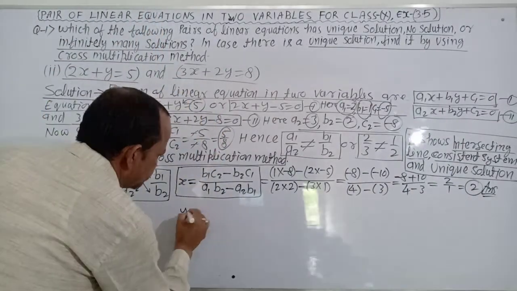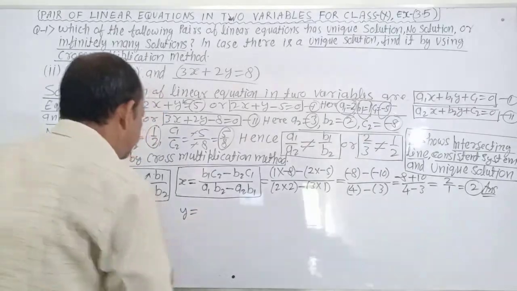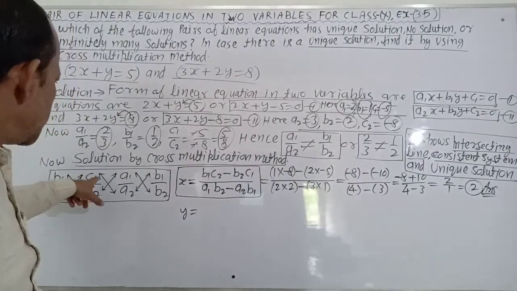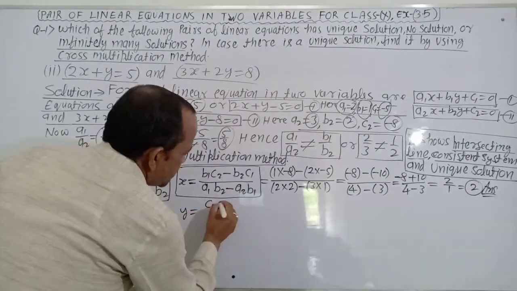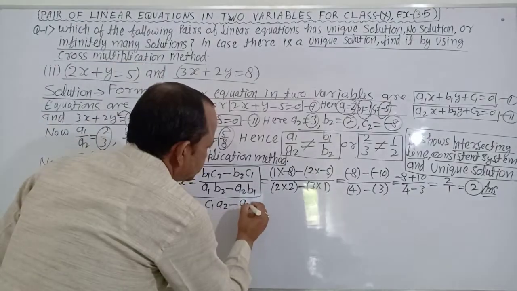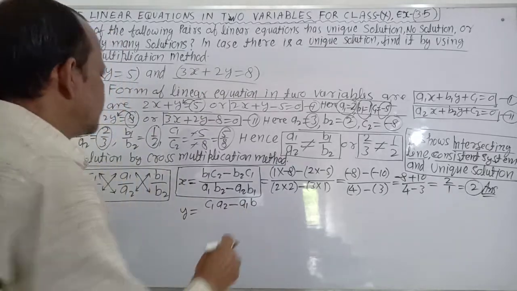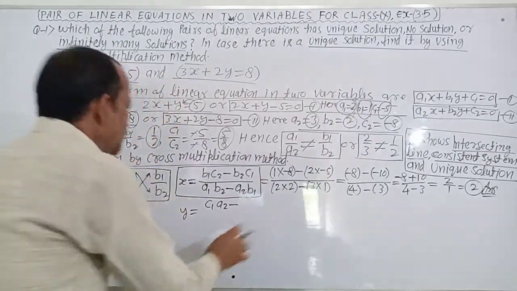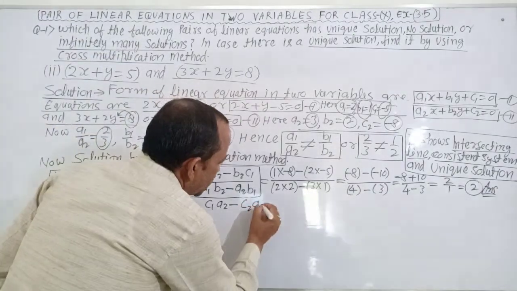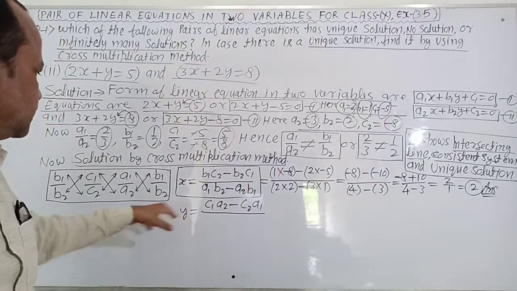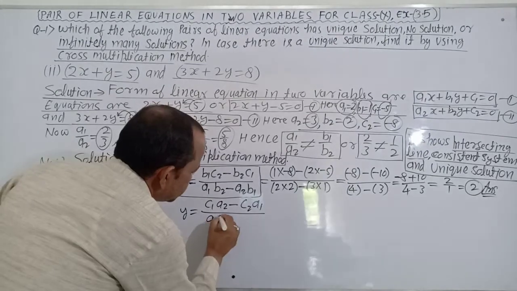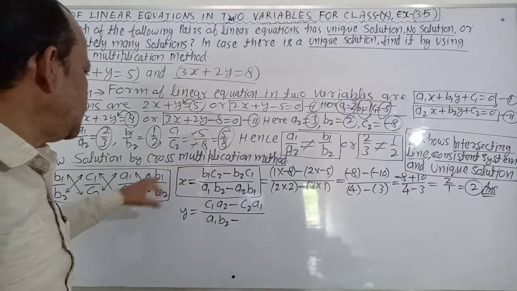y equal to, by the help of this chart, c1 a2 minus c2 a1 upon here a1 b2 minus a2 b1.